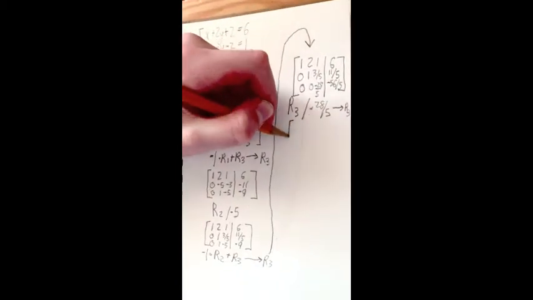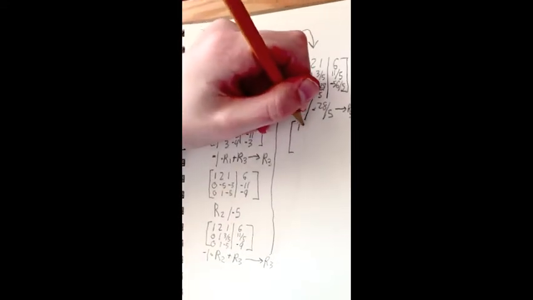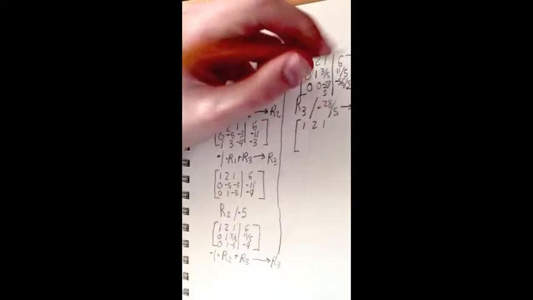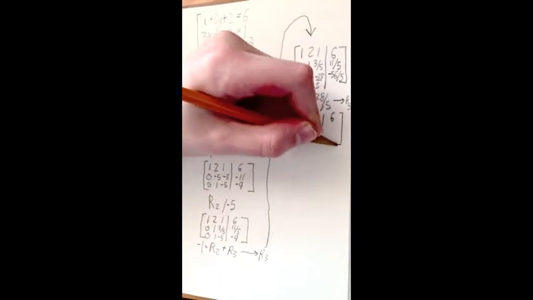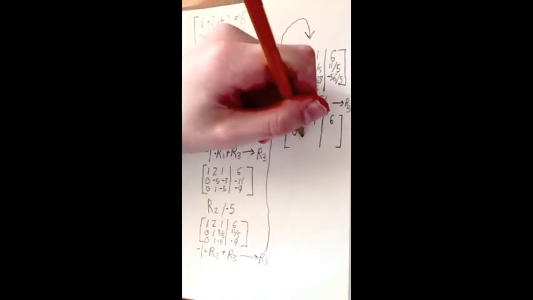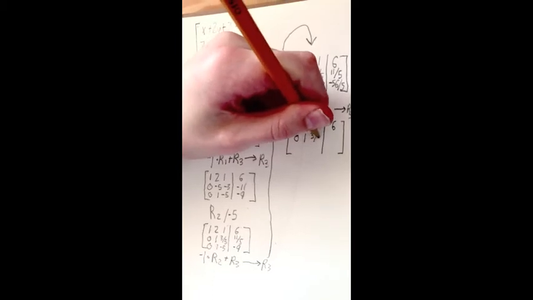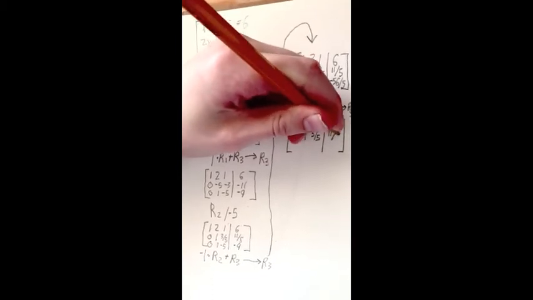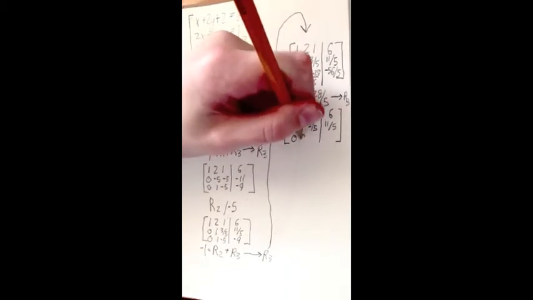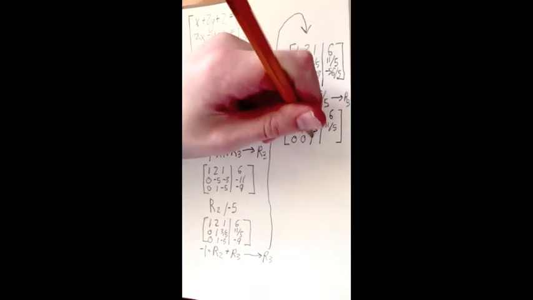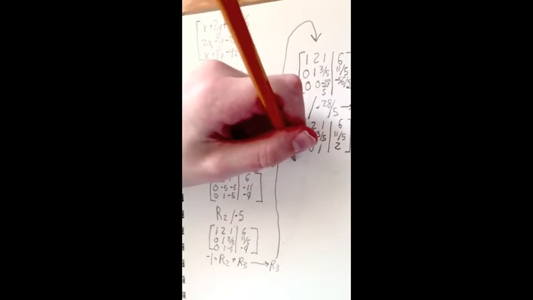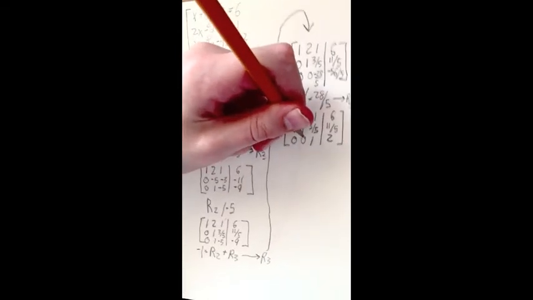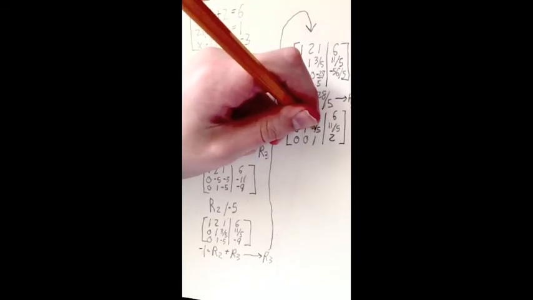So we're going to get 1, 2, 1, 6, 0, 1, 3/5, and 11/5, and 0, 0, 1. Oh, I said 0, I'm sorry. And 2. And we're going to also need to get this value down to 0.